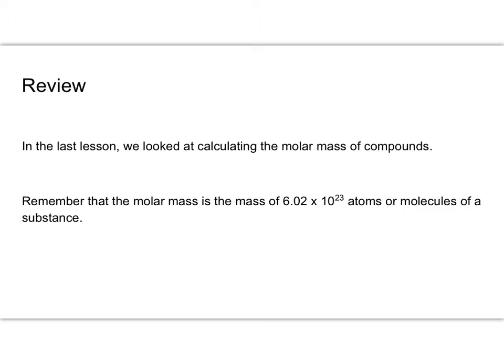Now, going forward, this concept of the mole and molar mass will allow us to compare parts of a chemical reaction. But for now, all we're going to do is review how to convert between moles and mass, in both directions, going from moles to mass, and mass to moles.